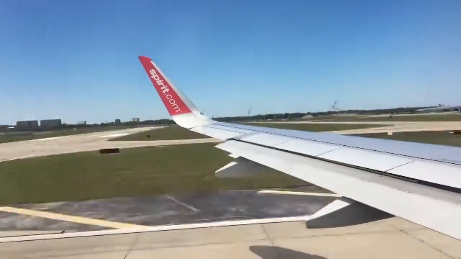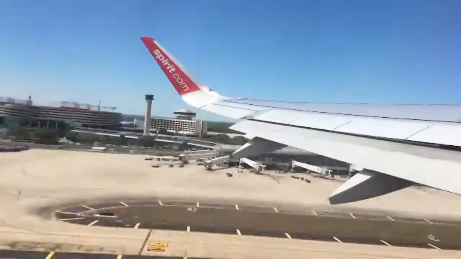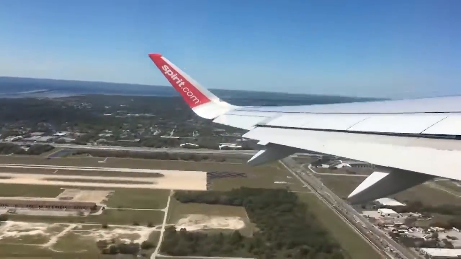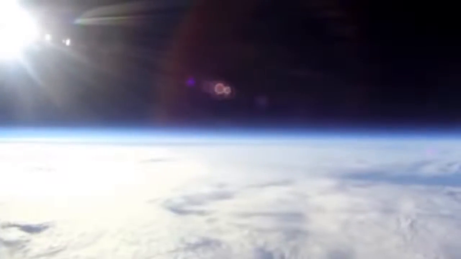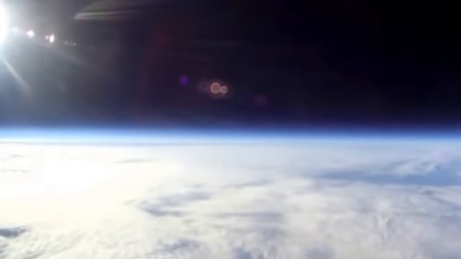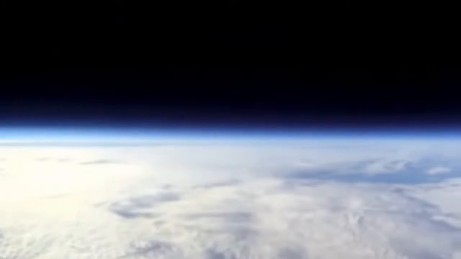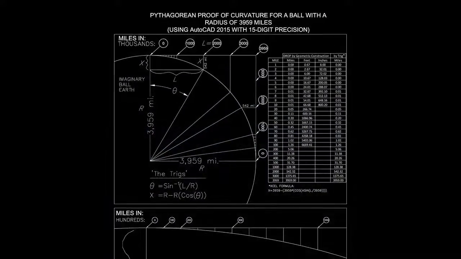Yet whether we're on the ground or flying up to 37,000 feet in an airplane or sending up a weather balloon to over 100,000 feet, there's that totally flat horizon straight ahead at our eye level. Always. That's simply not possible if it's receding downward and away from us at a rate of 8 inches per mile squared, which is what it must do.